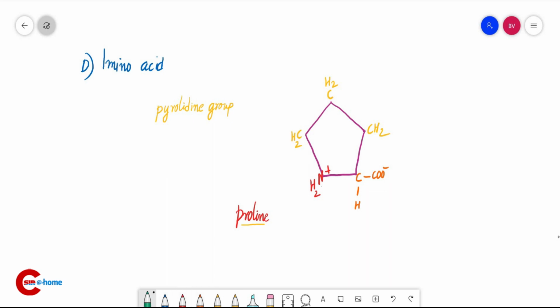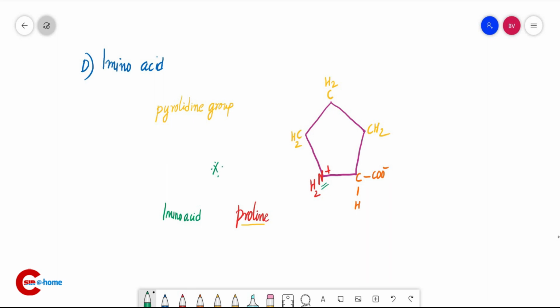That's why proline is known as an imino acid. It contains a secondary amino group. So, this is the structure of proline. Proline is very important, okay? Pyrrolidine group.